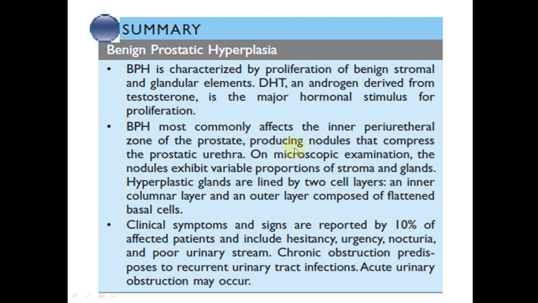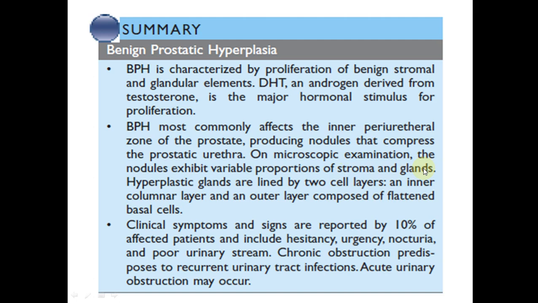Most commonly, benign prostatic hypertrophy affects the periurethral or transitional zone of the urethra and forms nodules that compress the prostatic urethra. And when we do microscopic examination of benign prostatic hyperplasia or hypertrophy, we may see nodules with various proportions of connective tissue and glandular tissue.